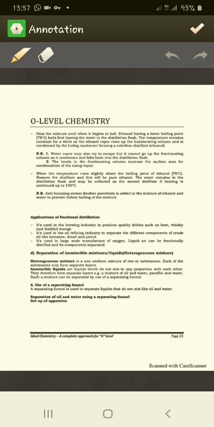The temperature remains constant for a while as ethanol vapor rises up the fractionating column, and this is condensed by the Liebig condenser.